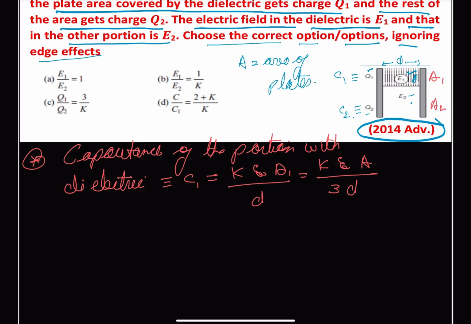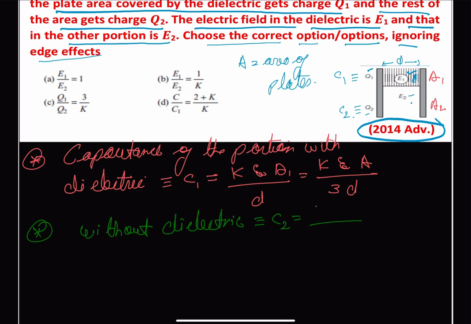Now we come to the portion without dielectric. Let us call that C2. This C2 will be equal to K epsilon naught A2 upon D. This is air, so the value of K will be equal to 1.